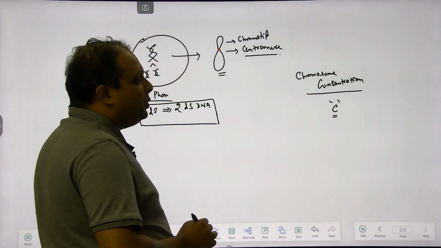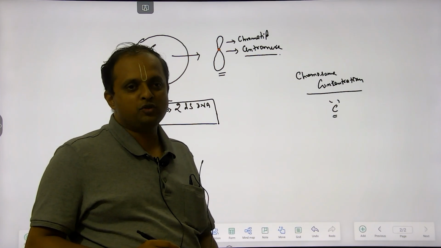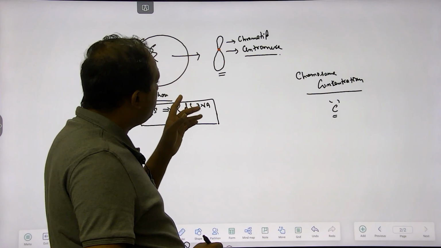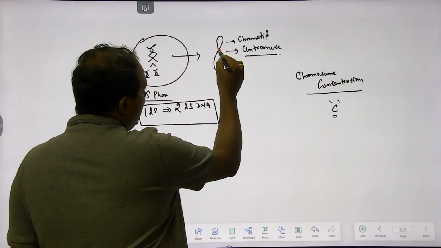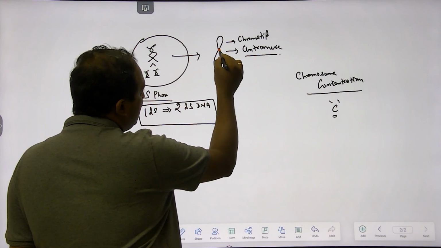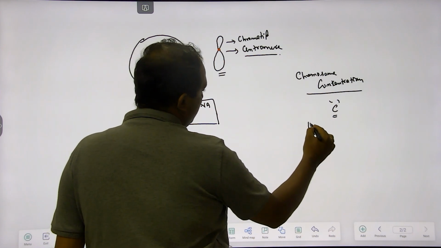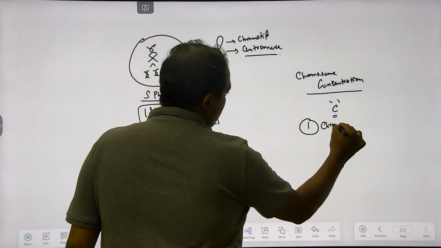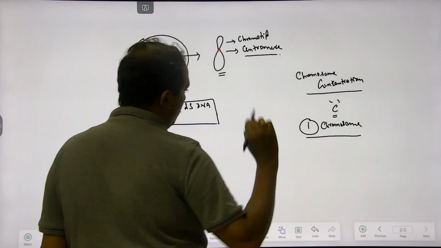Friends, how do you count the chromosome number? The idea here is you do it just by looking at the number of centromeres, which I have marked in red here. So the number of centromeres is going to be 1, so the number of chromosomes is also going to be 1. Okay, 1 chromosome.